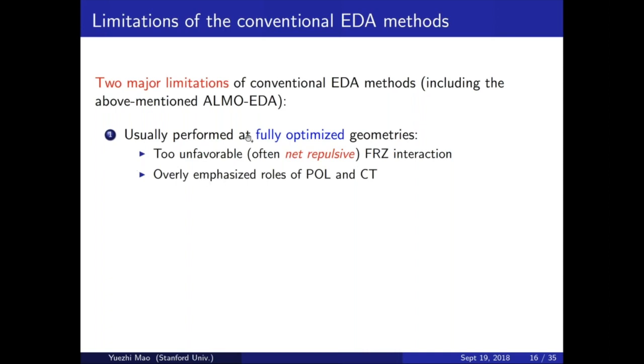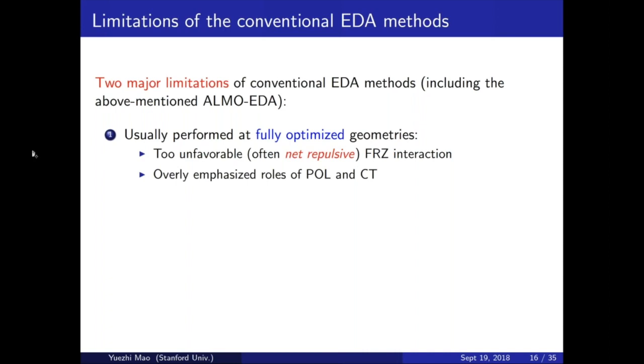In these geometries, the fragments will be in close contact, and usually the frozen interaction is unfavorable and often net repulsive. So from such an energy component, besides a very large Pauli repulsion, we can't really learn anything.